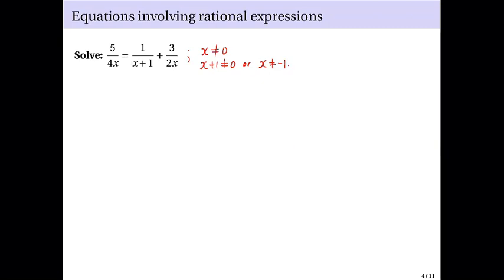Now, let us try to find the LCD. Here we see several factors. Let me write p of x to be your 4x.